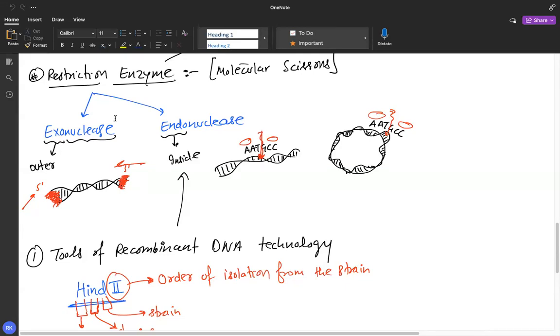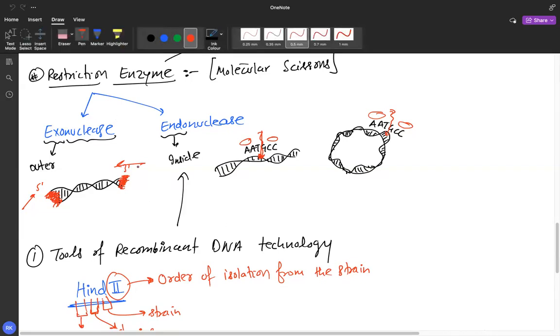Now, exonucleases work from outside, like from the sides of a DNA chain. So they kind of start chewing up the DNA, like you can see in this image. They chew up the DNA from one side, from outside to in. Whereas the endonuclease cuts the DNA at a specific sequence, in that sequence, right?